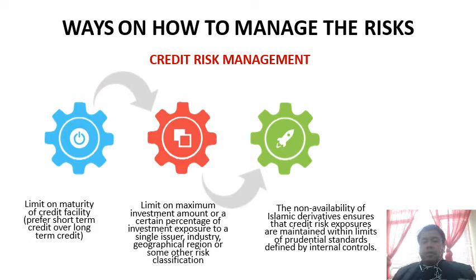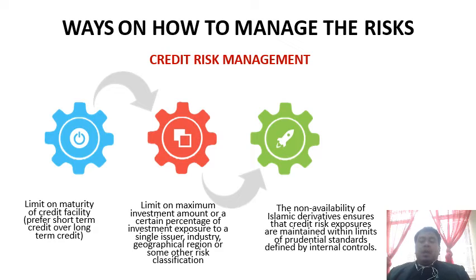Okay, next on credit risk, how to manage credit risk. You limit the maturity of credit facility, right? So you would invest or be involved with short-term credit over long-term credit. You also limit the maximum investment amount or certain percentage of investment exposure to a single issuer, industry, geographical region, or some other risk classification.